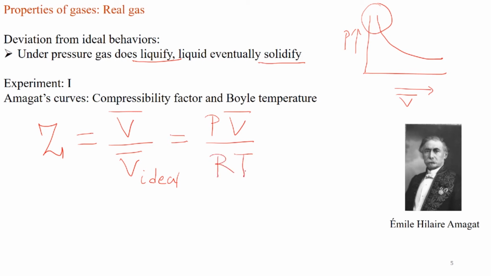Amagat studied various gases and he plotted the compressibility factor Z as a function of pressure, and the plots look like this. For an ideal gas, of course, the compressibility factor will be 1.